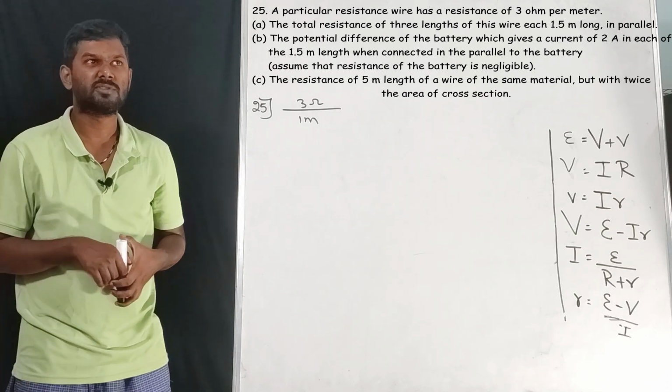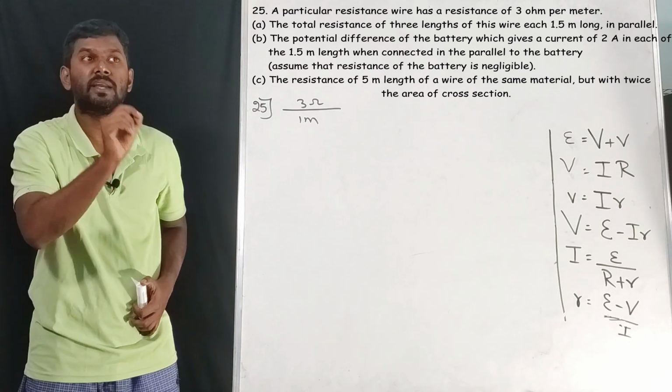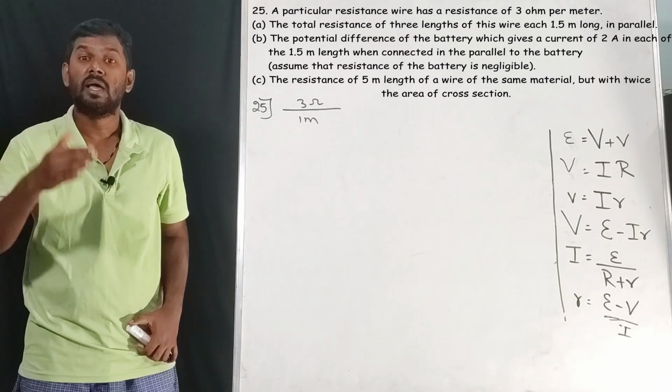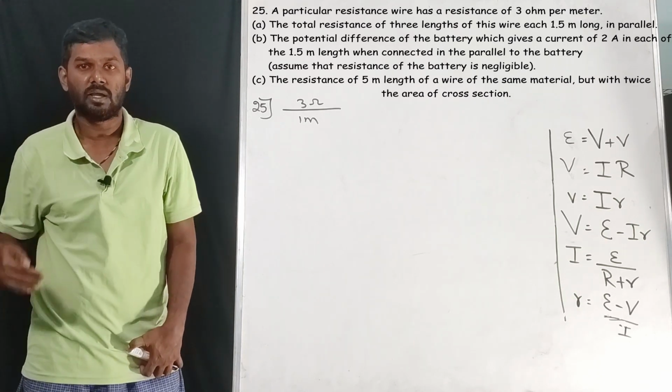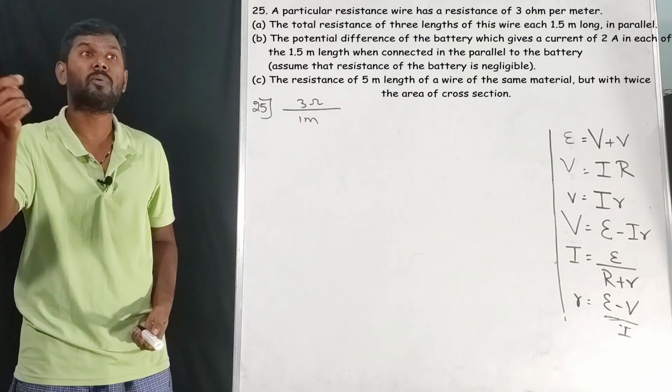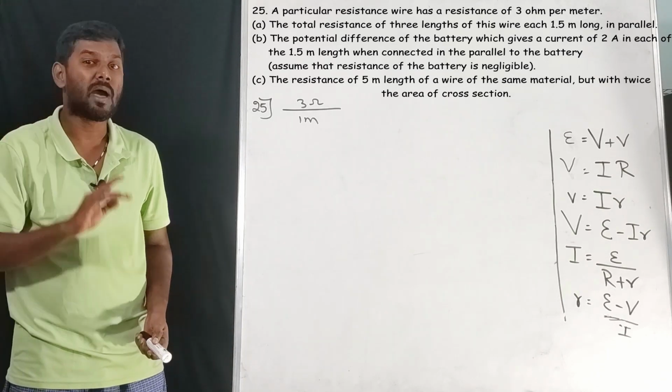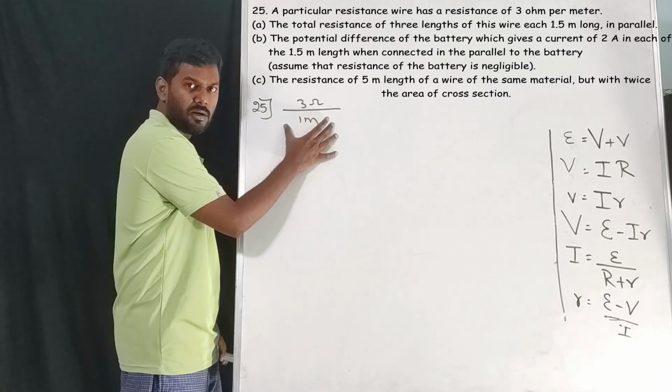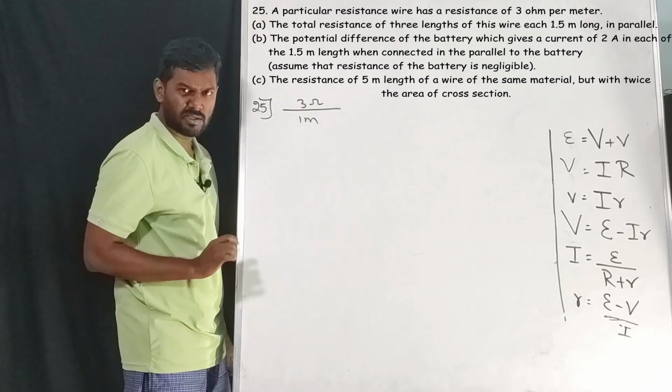in parallel. See, first thing you need to understand: 3 lengths of the wire means 3 different wires of 1.5 meter long that are connected in parallel. Now this is 1 meter. For 1 meter, 3 ohm is the resistance.